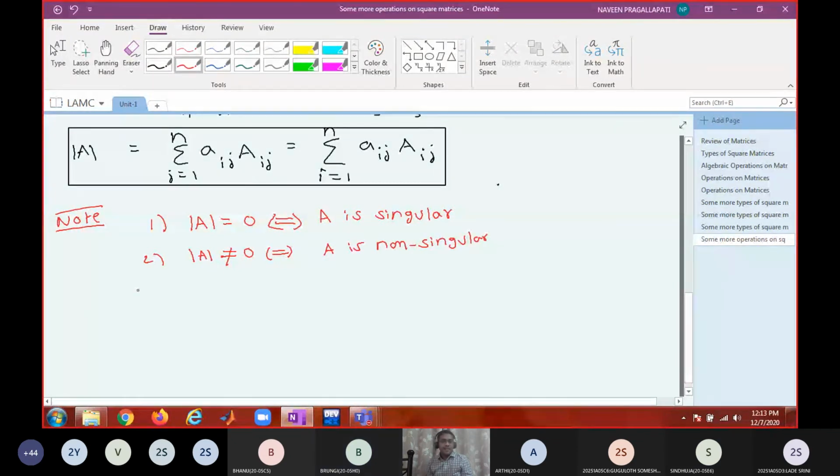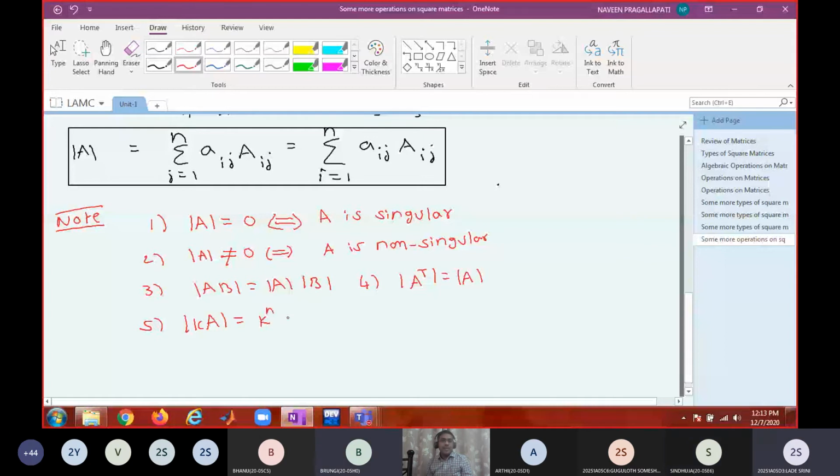And what is det AB? Det A into det B. Am I right? Fourth one, det A transpose equals det A. Next, what is det kA? K times det A?